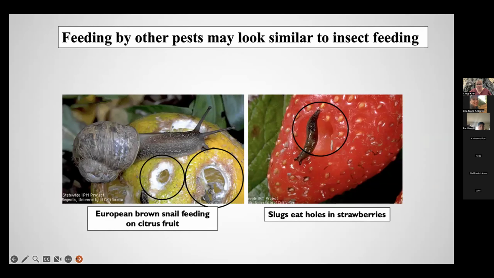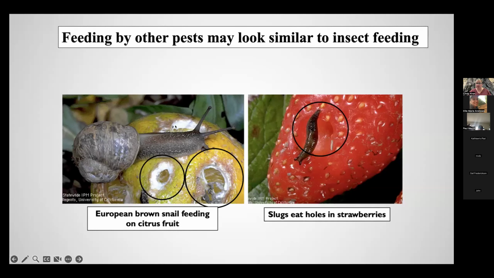Something to keep in mind, though, is that other pests can cause damage that looks like insect damage. For instance, your European brown snail feeding on citrus. If you didn't see the snail feeding on it, you might think this is something with chewing mouth parts, that it was an insect, but it's not technically an insect.